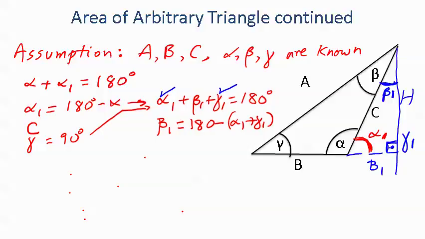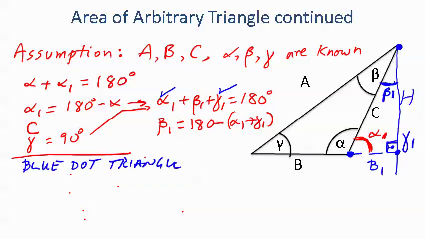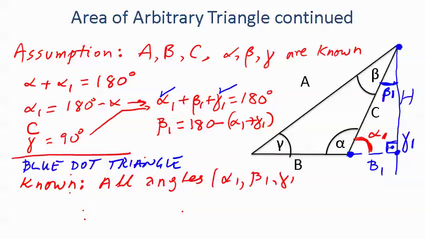So at this stage, let us summarize. We know, for the blue dot triangle, all angles alpha 1, beta 1, and gamma 1.